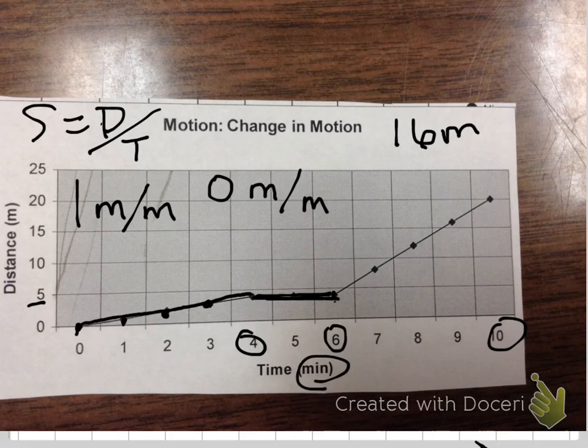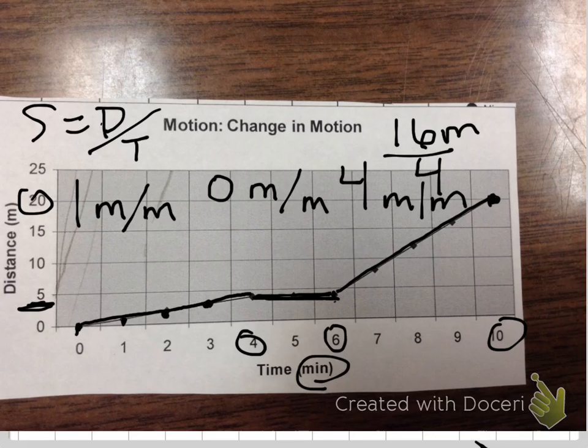They go 16 meters in how many minutes? 4. So here they went 4 meters per minute.